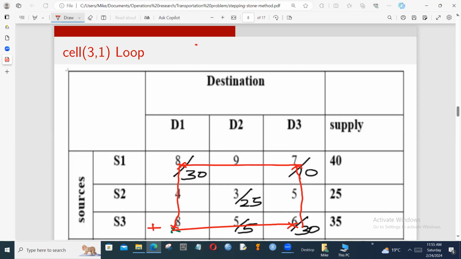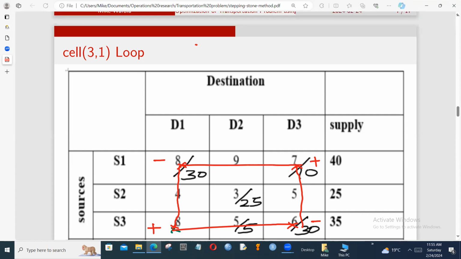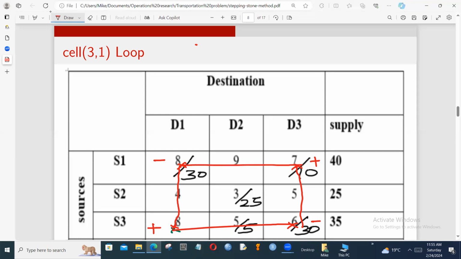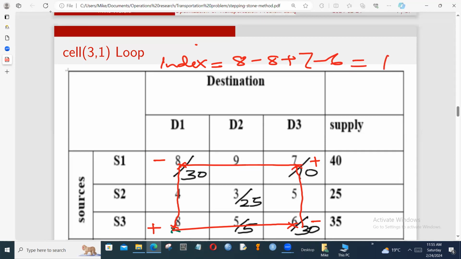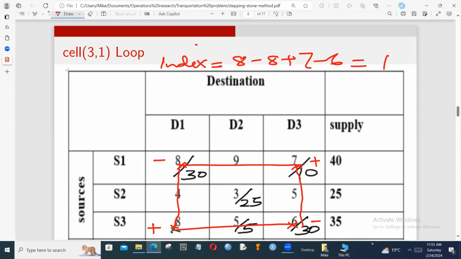So if I'm assigning positive and negative signs, they'll be arranged in that manner. So that will be a closed loop. And so if I want to calculate the index here, then it will be positive 8 minus 8 plus 7 minus 6. And that will give me 1.